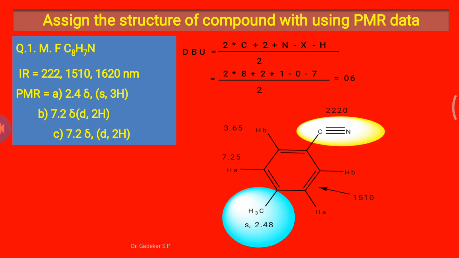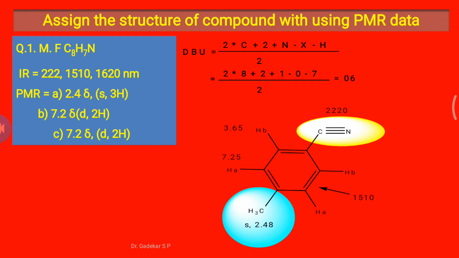B, 7.2, indicates the presence of a benzene ring. These two hydrogens are a doublet, which means neighboring protons are present.